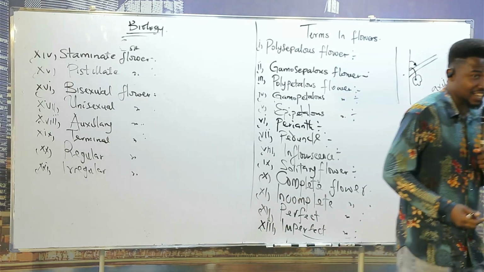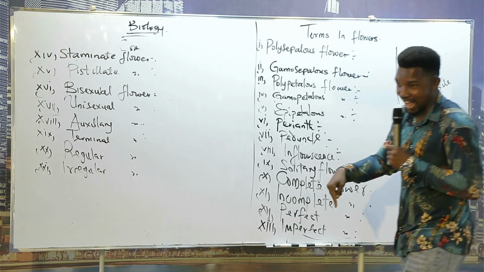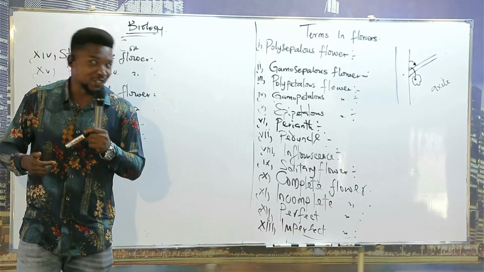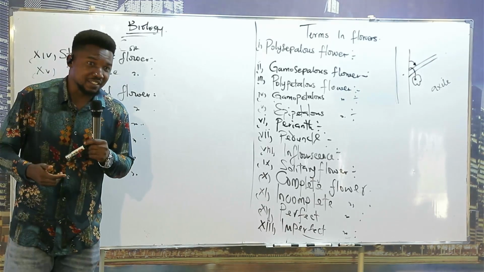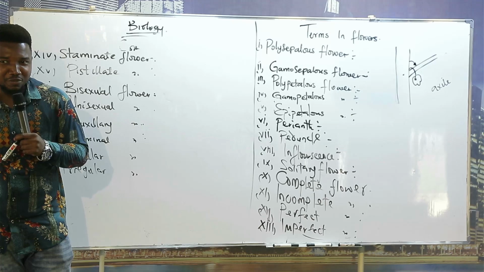Some of you are not right in yourselves. As I was walking in here, I saw one guy with 120 leaves. I said, wow. I was just laughing. You know why I'm laughing? You've not even entered university.